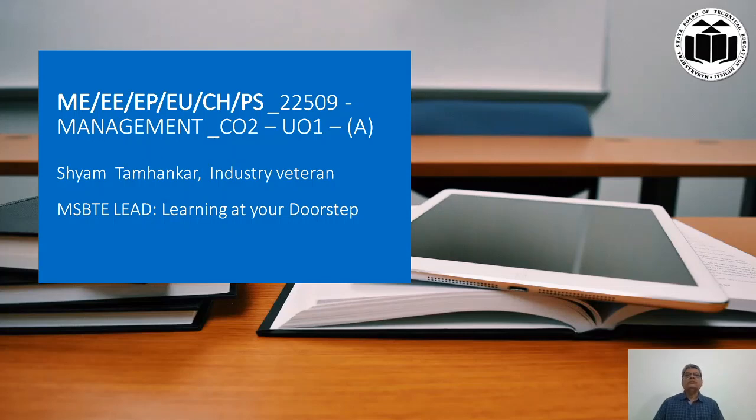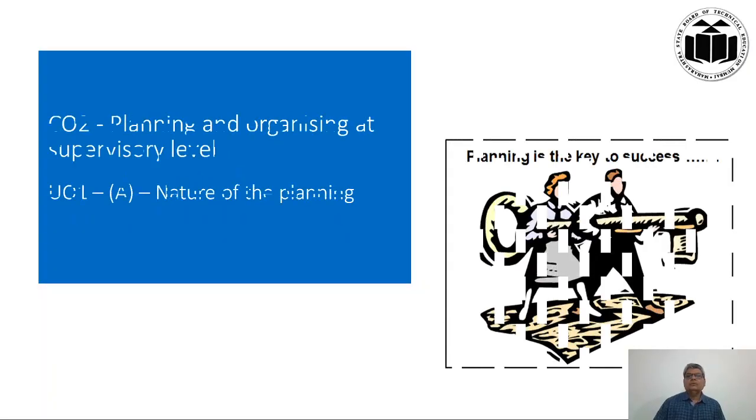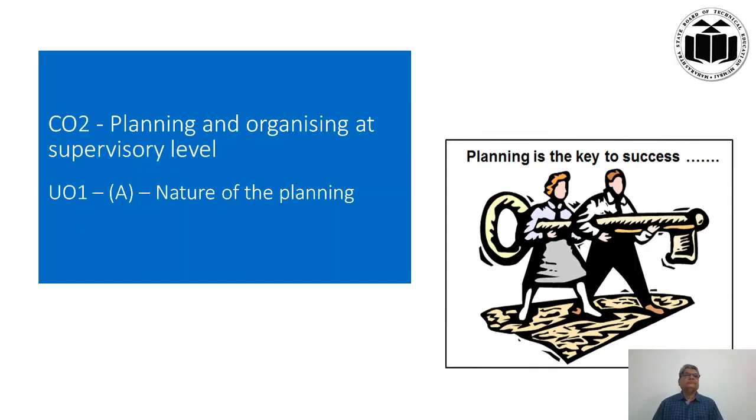Now we are going to discuss the course outcome 2, unit outcome 1, part A of your management subject, code 22509, which is common for all the students of 5th and 6th semester. So let us start with the discussion.